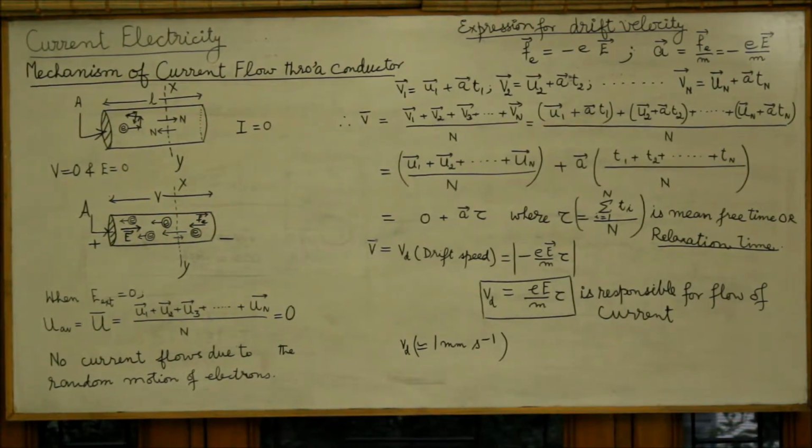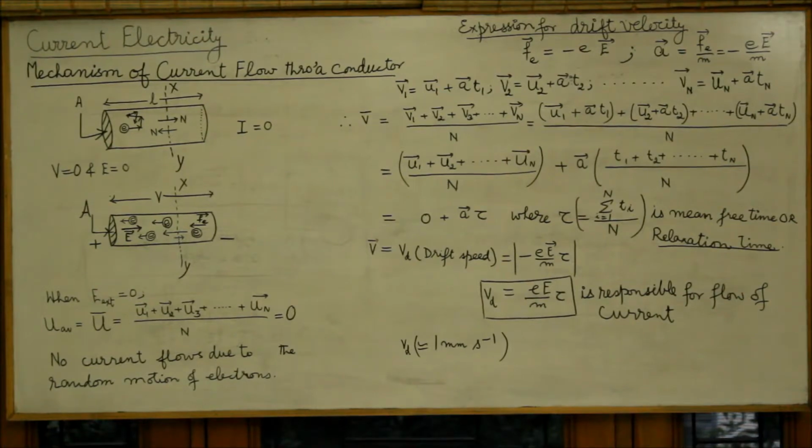Each electron, due to its random thermal motion, collides with other free electrons as well as with the ions in the crystal lattice of a metal. Between two collisions, the electron remains free, and it is during this free time that the electron gains speed because of the external electric field.